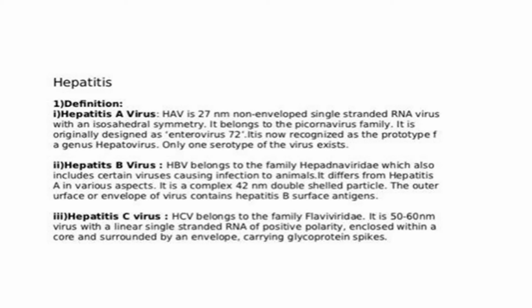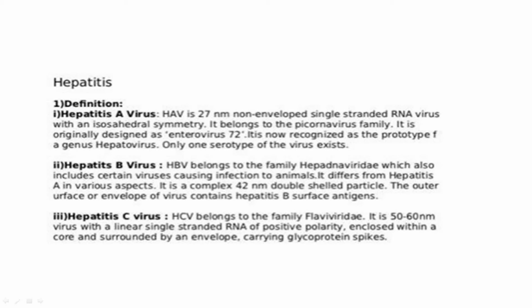Liver infection is nothing but a disease called hepatitis, which results in damage of the hepatocytes, the cells in the liver, inflammation of liver, and followed by the death. So hepatitis is defined as the inflammation or infection to liver which results in damage to the hepatocytes, the cells in the liver.